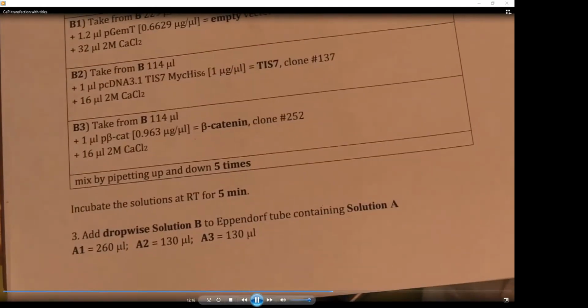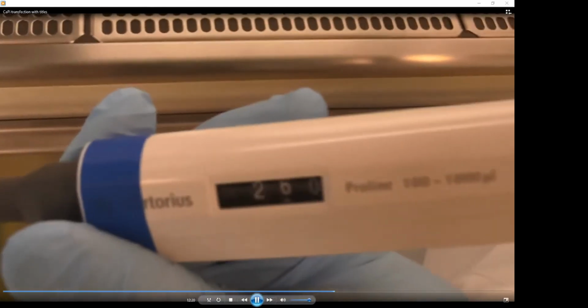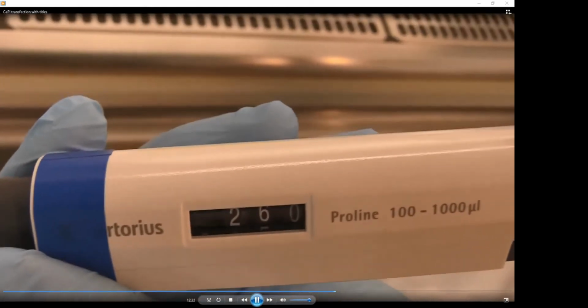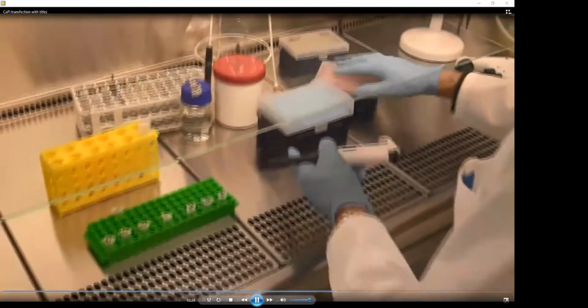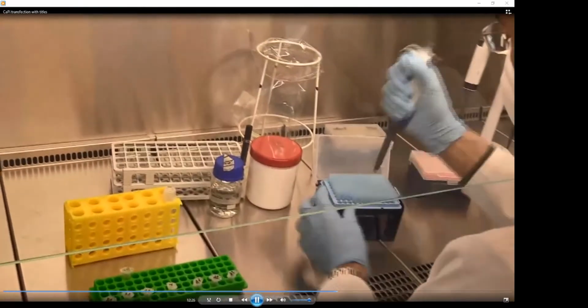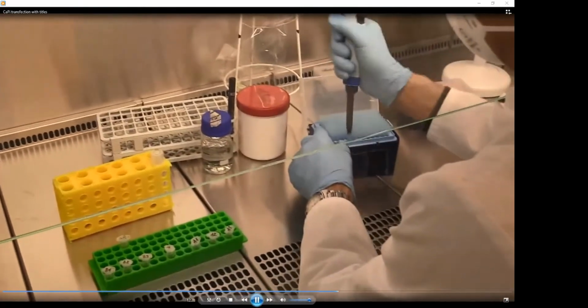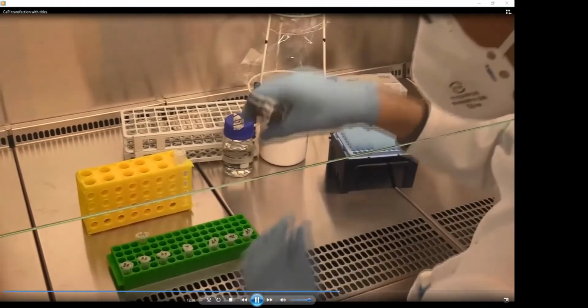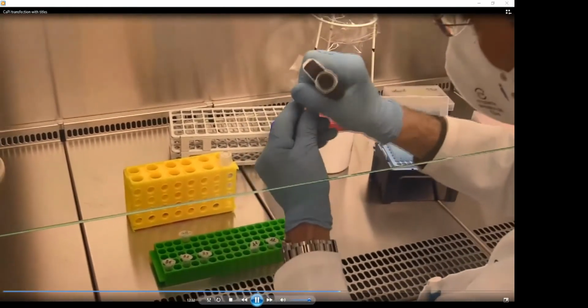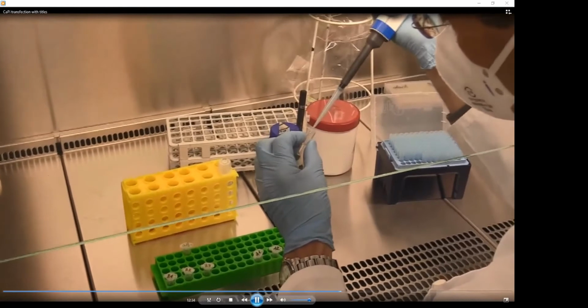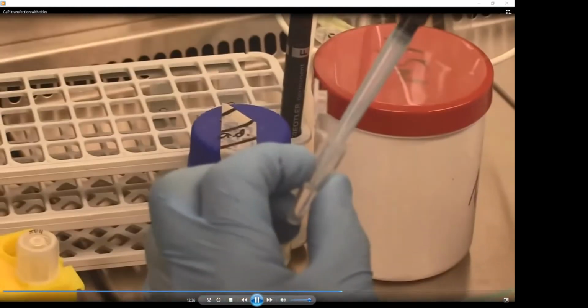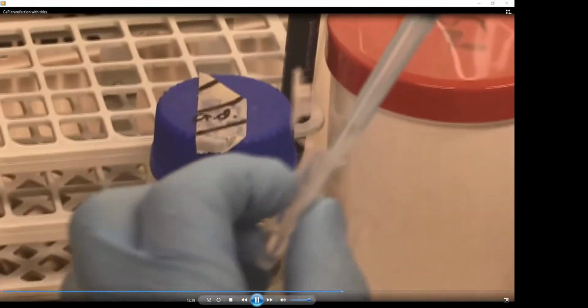What is in A is the HBS, which you have seen at the beginning. So for B1, we need 260 microliters. For B2 and B3 it is 114 microliters. So actually the first step to put this 520 is not necessary. You can do it right away.